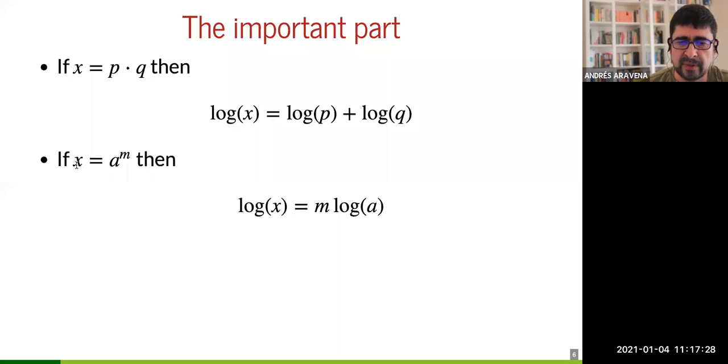The second is that if you have a power, a to the power of m, then the m gets to multiplication. Again, the exponentiation gets to multiplication, the multiplication gets to sum. It kind of simplifies the problem 1 level.